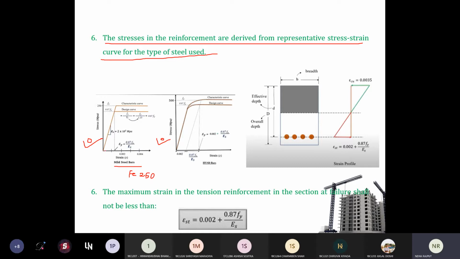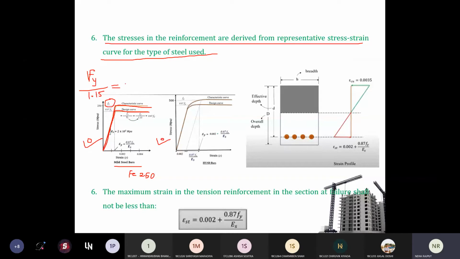Because here also the very first is the characteristic value of your steel, Fy, the yield strength of the steel. And to achieve the design value of steel, the second curve, this Fy value is divided by the partial safety factor for steel, which is 1.15.